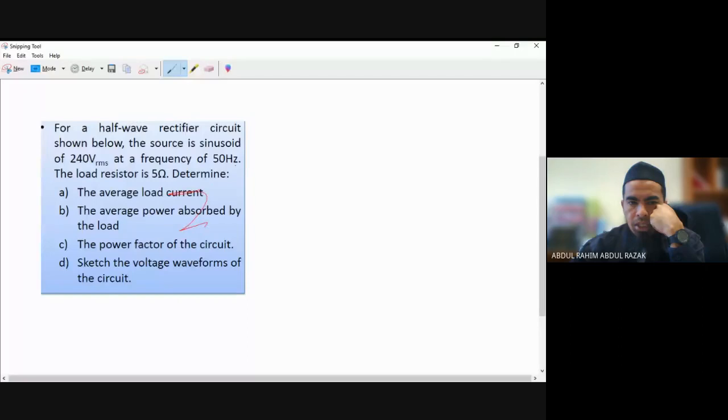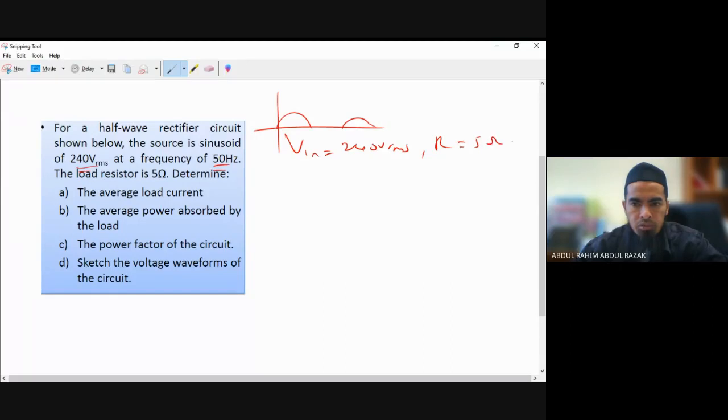Bear in mind that when we talk about the half wave rectifier, it is not affected by how much the frequency is. It is stated here that V in is 240 volt RMS. Meanwhile, the load resistor is 5 ohm. Determine the average load current.